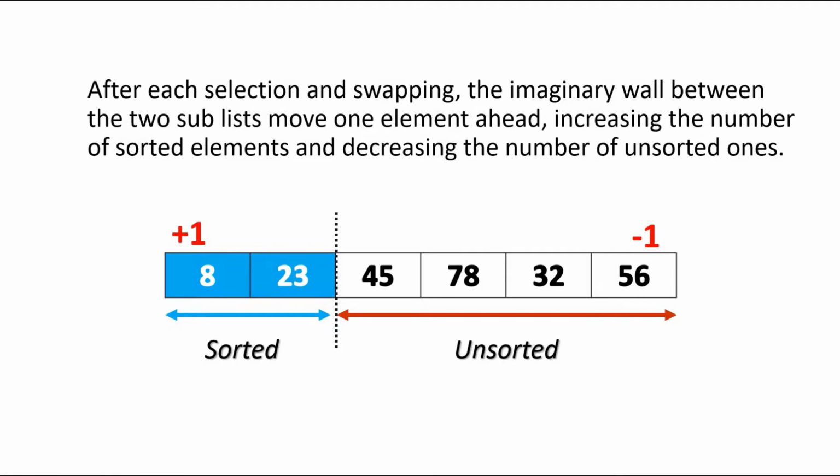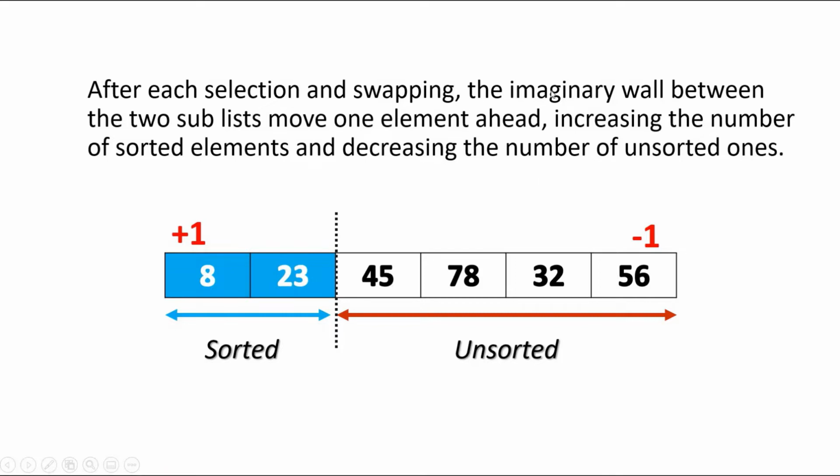After each selection and swapping, the imaginary wall between the two sublists moves one element ahead, increasing the number of sorted elements and decreasing the number of unsorted ones. That means earlier 78 was here and 23 was here. Now those two are swapped: 23 came here and 78 came here.